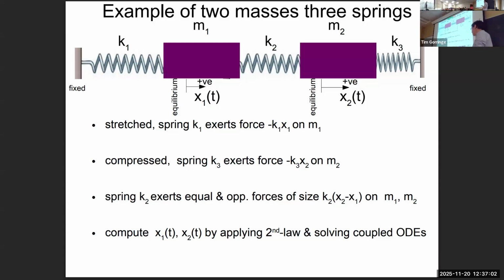Okay, so we're going to set up a pair of ordinary differential equations, two equations for the two masses, and we're going to solve for the position as a function of time, x1 and x2, of the two masses.